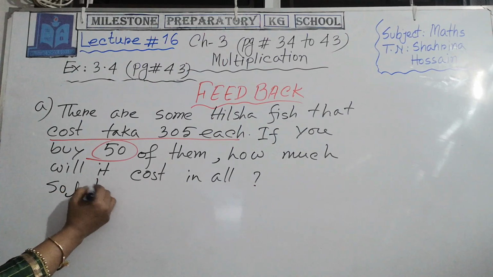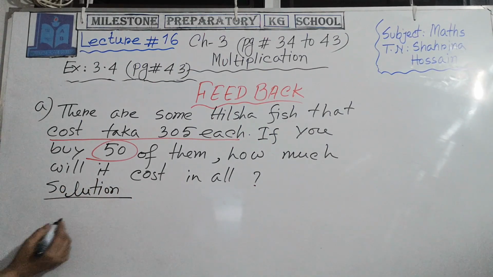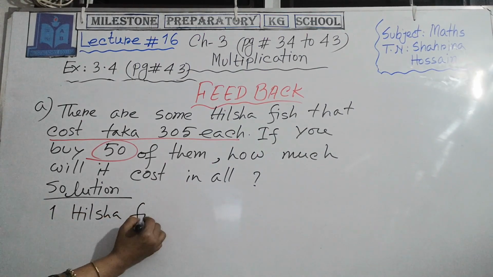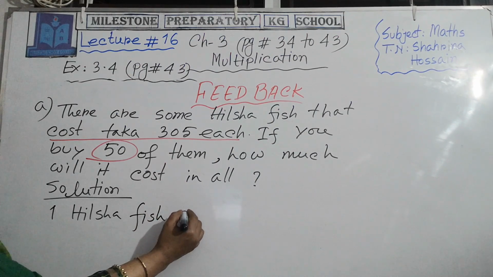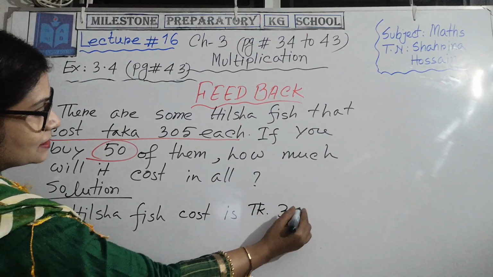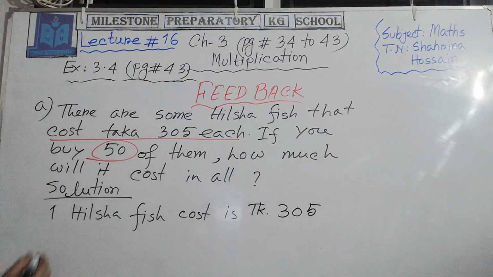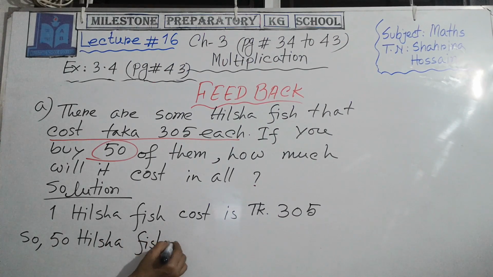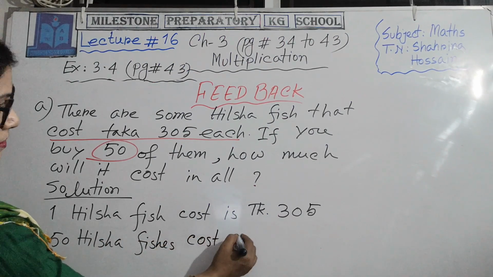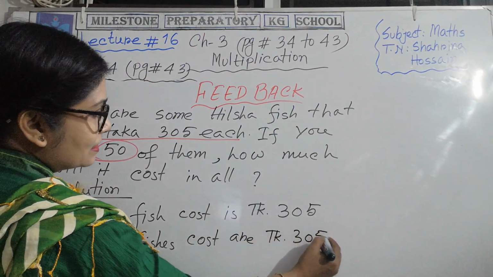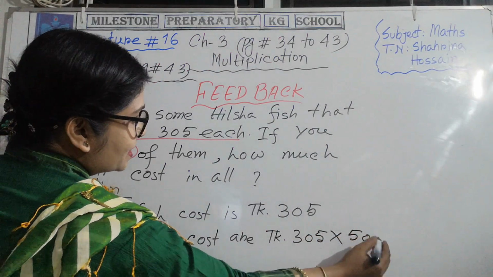Solution. One Hilsa fish costs taka 305. So 50 Hilsa fishes cost taka 305 multiplied by 50.